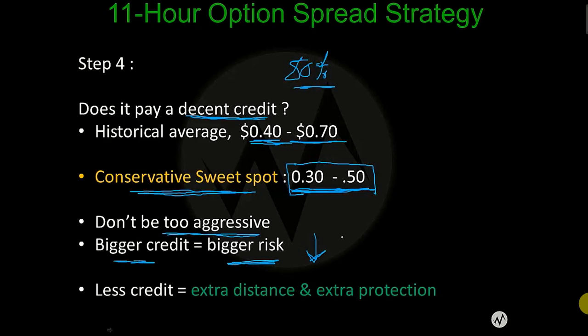It's just a matter of fact. You take less credit, you get extra distance away from the short strike. There's extra protection, and there's a good chance if it goes your way at Friday open, you're going to get your money faster because you're further away. The out of the money option actually decays faster.